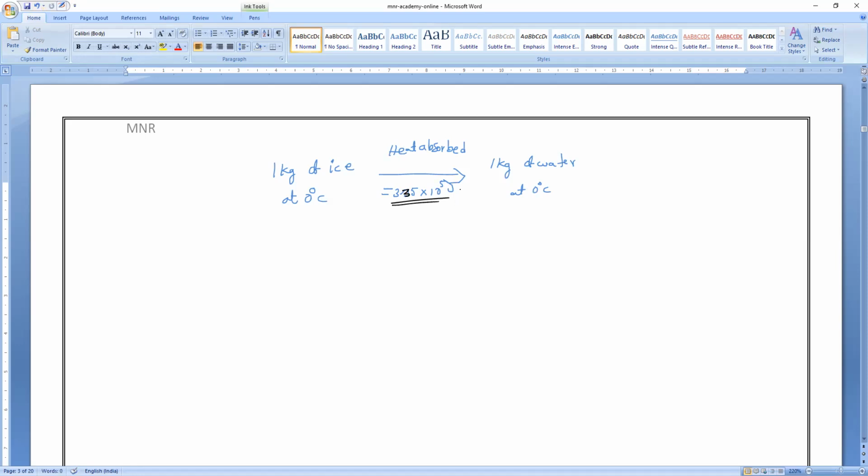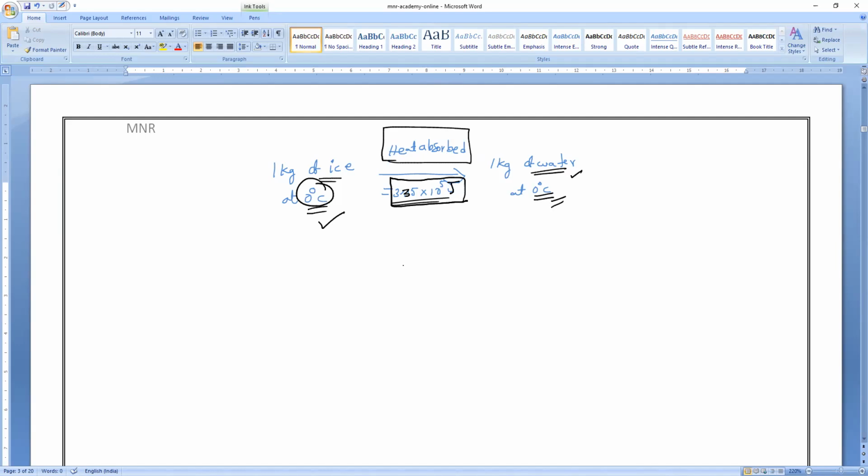So this is the amount of heat energy it will take to convert 1 kg of ice at 0 degrees Celsius to 1 kg of liquid water at the same temperature. So this is what we call the latent heat of ice. To melt 1 kg of ice at 0 degrees Celsius to 1 kg of water at the same temperature, this is the heat required.